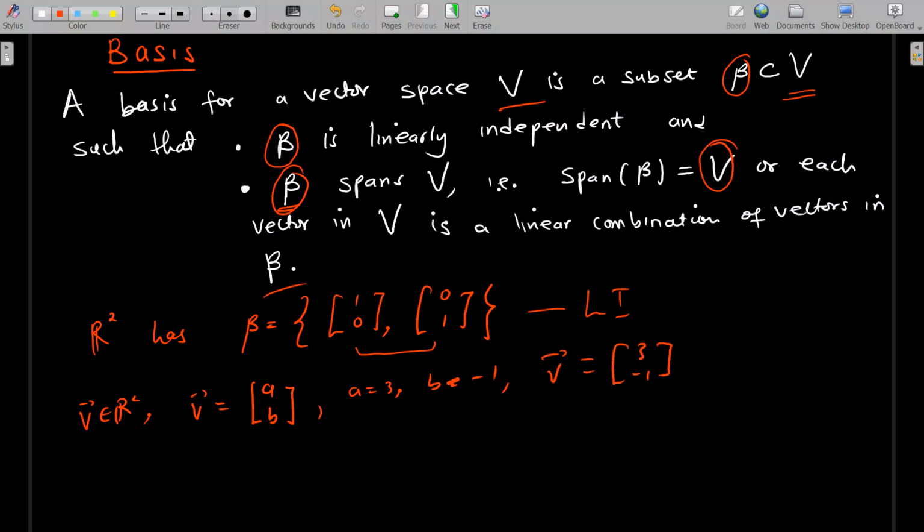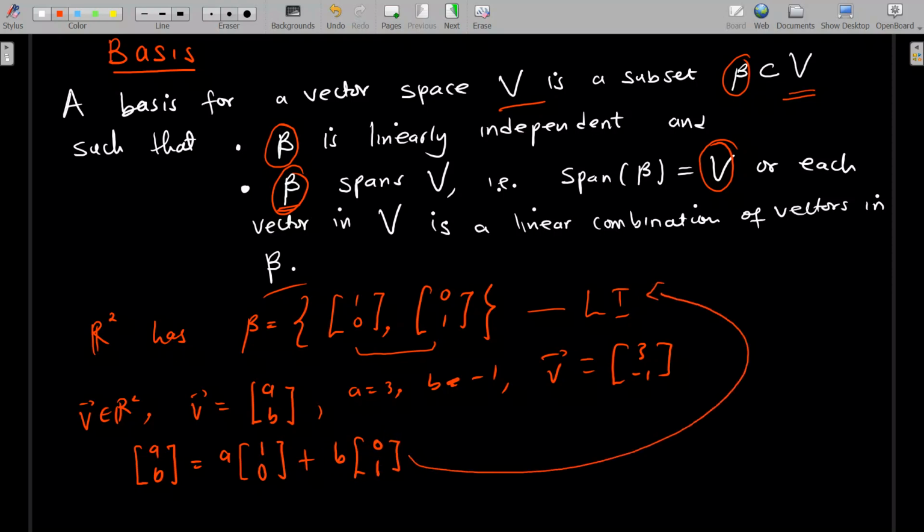So in all cases, you have some number here, some number here, right? And what this means is that (a, b) can be split into a times (1, 0), plus b times (0, 1). And if you look at this, this is a linear combination of elements you have in beta, right? So every vector you have in R2 is a linear combination of vectors (1, 0) and (0, 1).